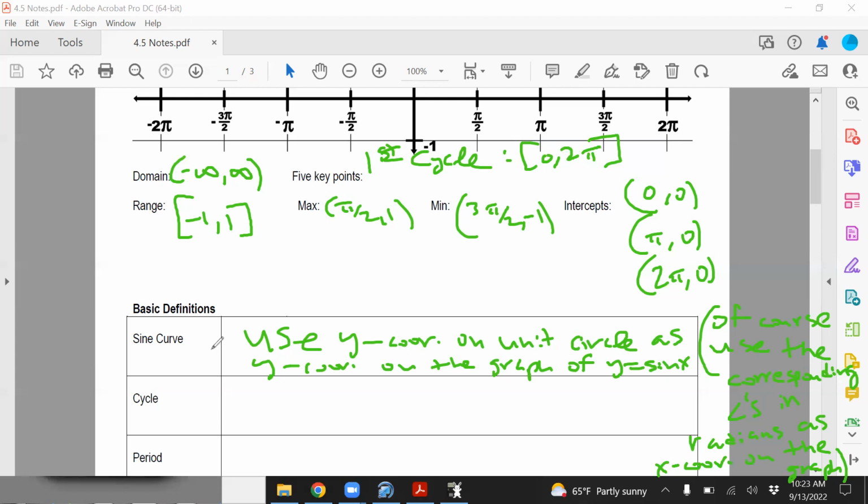Now, the cycle is how far the graph travels before repeating itself.